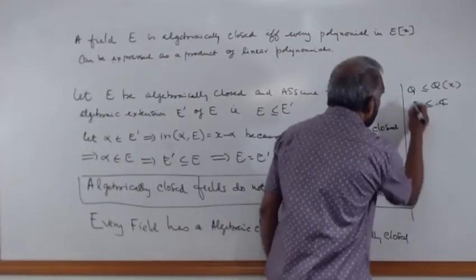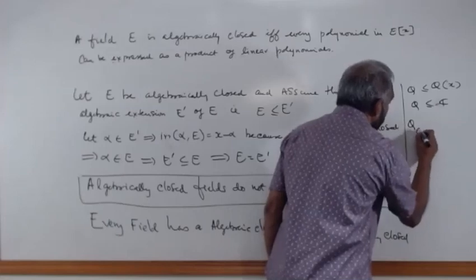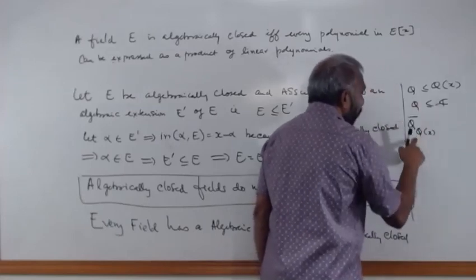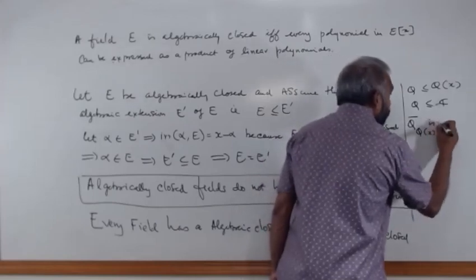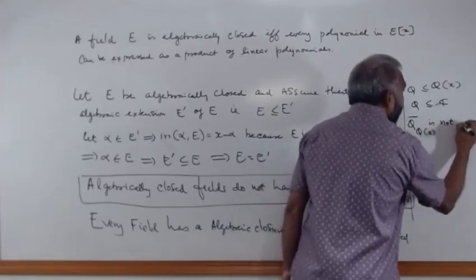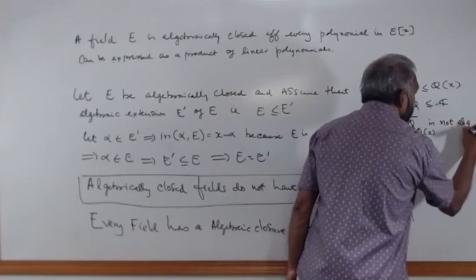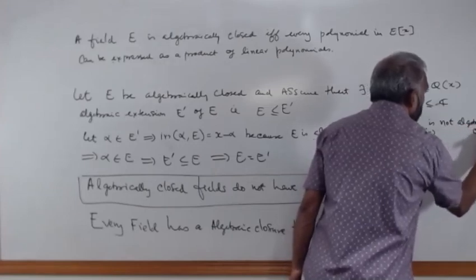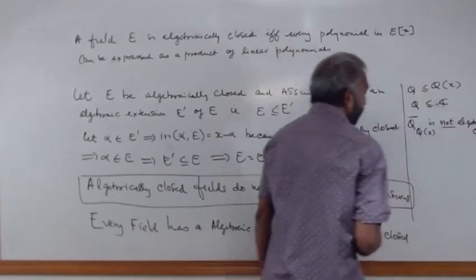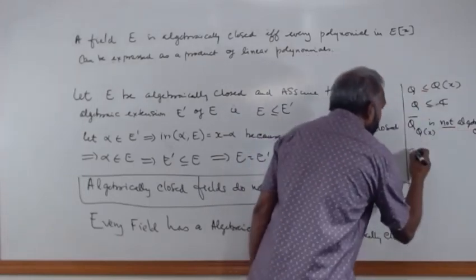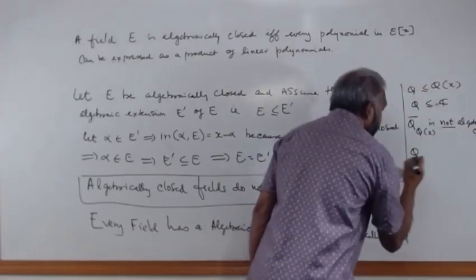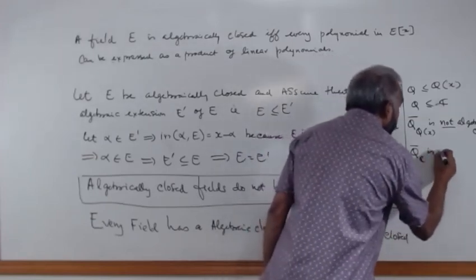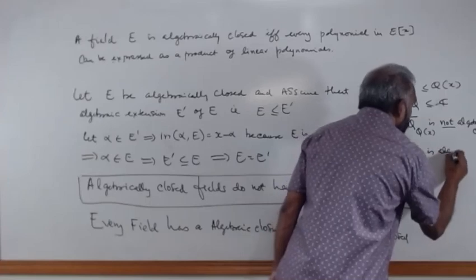What I'm saying here is Q of X, the closure of Q over Q of X, is not algebraically closed. But here Q over C, this closure, is algebraically closed.